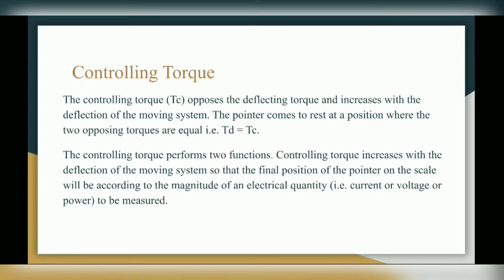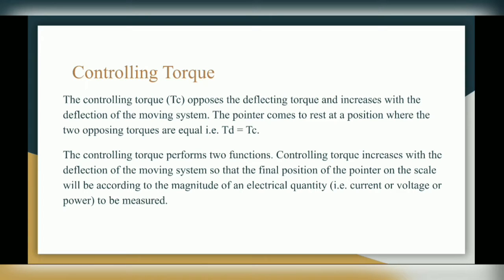So by deflecting torque, the pointer gets deflected, but it should come to rest so that it indicates the reading. And for that purpose, to control the pointer, controlling torque is required. So controlling torque is opposite to the deflecting torque, and when these two torques are equal, then pointer comes to rest and it shows the reading.